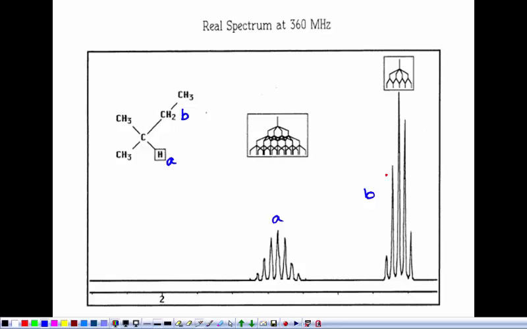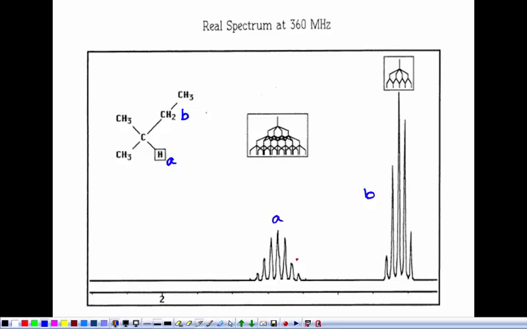This is what we would predict if we have a very large magnetic field. In this case, this is what you would get if you took the spectrum on a 360 megahertz instrument, just like the one we have next door. But if I was to take this on an older 60 megahertz instrument, where the magnetic field is only 1/6, these peaks would now have less hertz difference between the two.